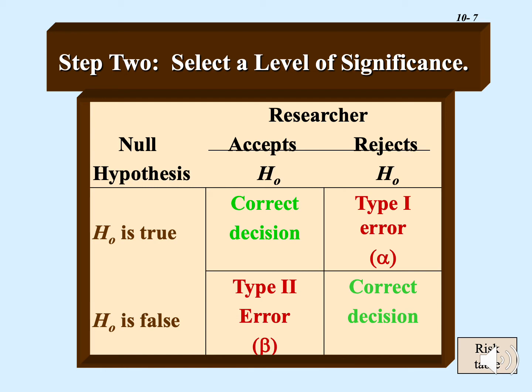But if he rejects the null hypothesis that is true, and he said it is not true, then what he committed is what we call the type 1 error, or our alpha. So the alpha is 0.05, so we are allowing 5% that the researcher would commit a type 1 error.